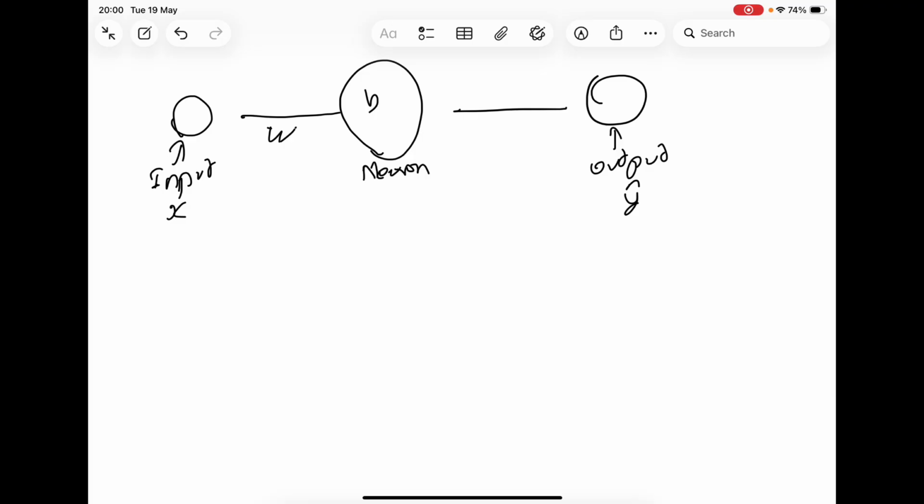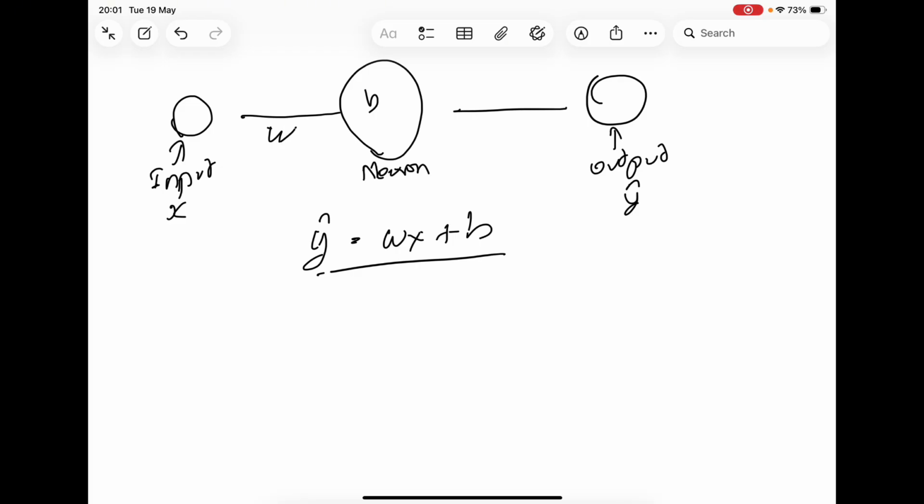Let's write the formula, right? This will be our formula, wx plus b. This is the model. Now what we are going to do next is assign some dummy values to these variables.